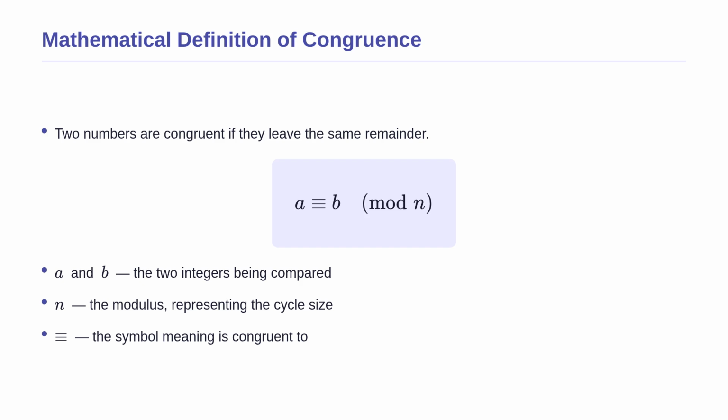The variable a is our first integer and b is our second integer. The number n is called the modulus, which is just the size of the cycle or batch we are using, like the 12 on our clock. The symbol with 3 horizontal lines simply means is congruent to. If you increase the modulus n, you are simply making the cycle larger, which changes when the numbers will wrap around.